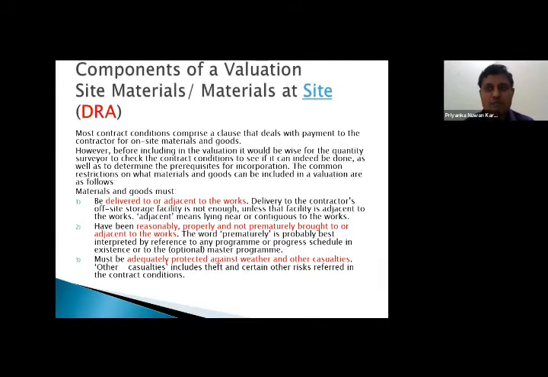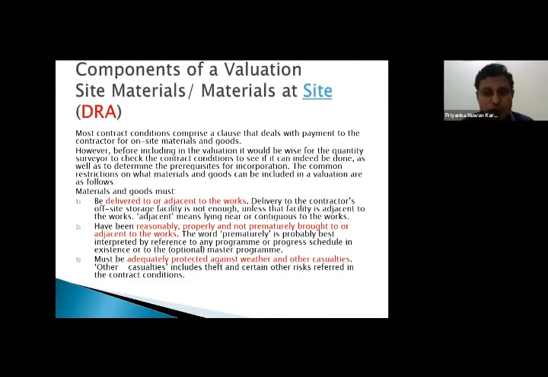Number three, it must be adequately protected against weather and other casualties. The word casualties is not contained within FIDIC, but it is contained within UK-based contracts. The other casualties include theft and certain other risks referred to in the contract conditions.